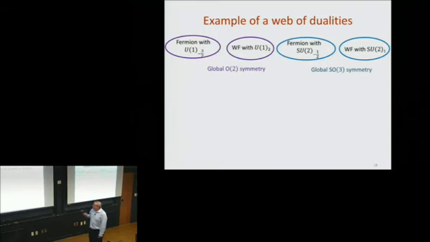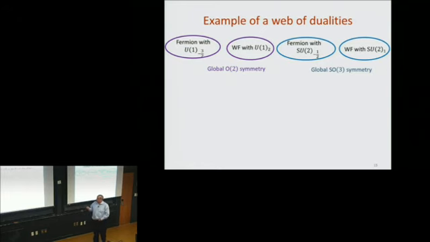The first 2 have a global O(2) symmetry. There's a magnetic symmetry in both cases, because there's a U(1), and there's some charge conjugation that enhances it to O(2). So these 2 theories, in purple, have an O(2) symmetry. These 2 theories have an SU(2) symmetry that rotates, because if the gauge group is SU(2), it is a pseudo-real representation, and therefore there is an SU(2) global symmetry.